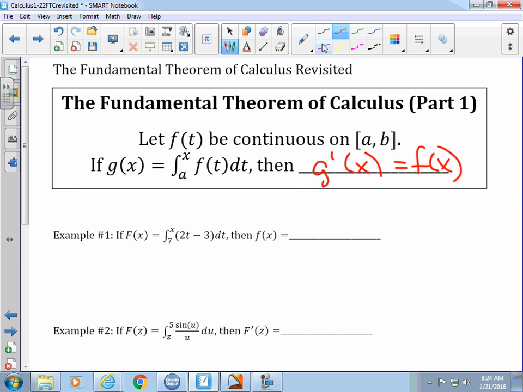Now, I am going to do a more general format. Still f of t being continuous on a, b, as you know, that has to happen for me to be able to do a definite integral. But then this time, if g of x is the integral from a to u, where u is some function of x, it has to be or it wouldn't be g of x.